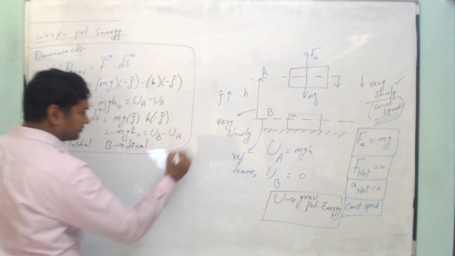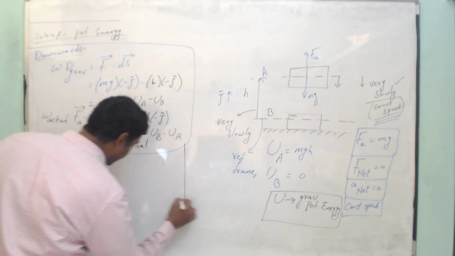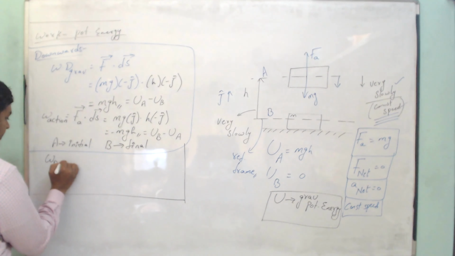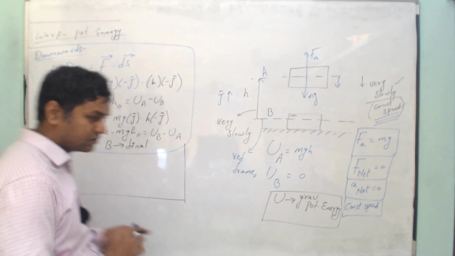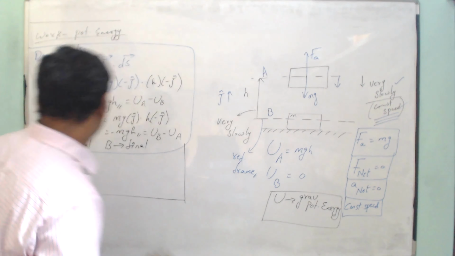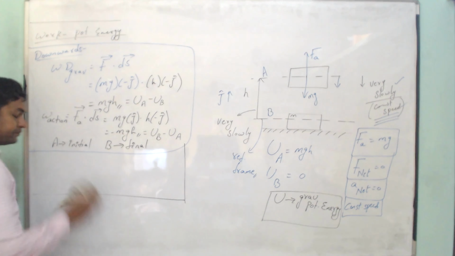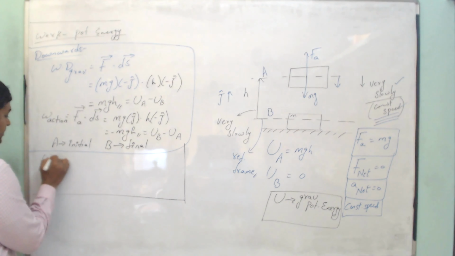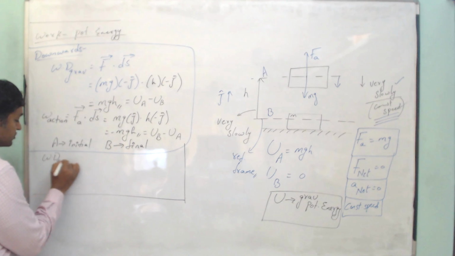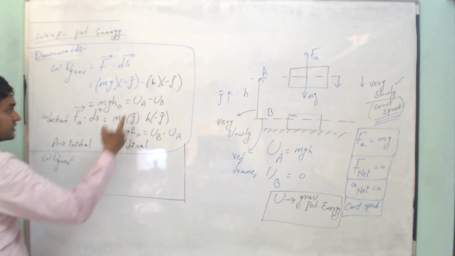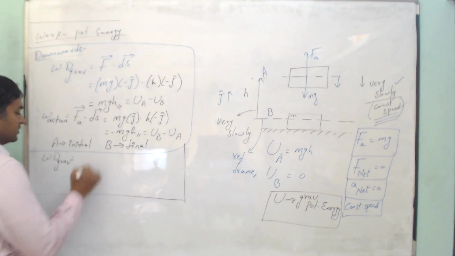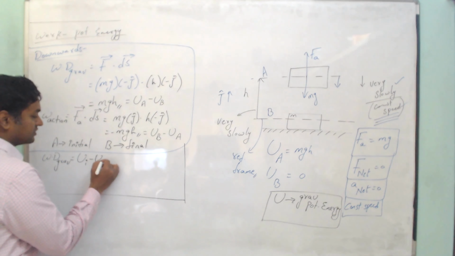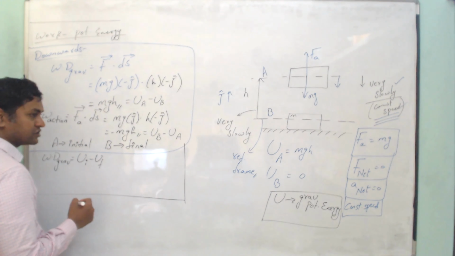Yes, sir. So simply if I write it like that, work done by the gravitational force, I got it as UA minus UB, that is initial gravitational potential energy minus final gravitational potential energy.